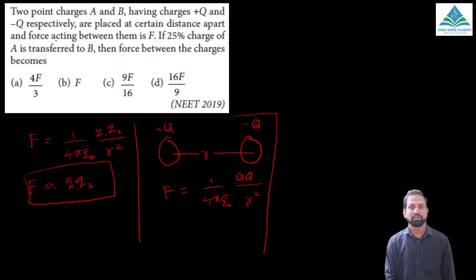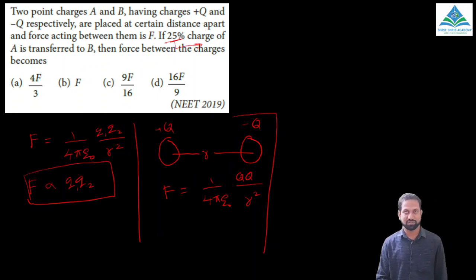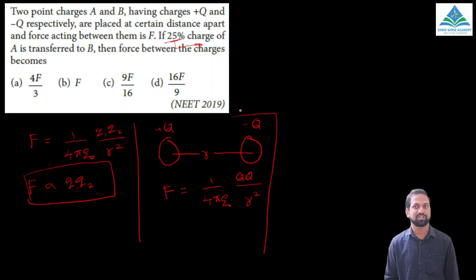Now what they are doing in the problem, just 25% of the charge has been given to the other charge. Say from plus q, 25% has been removed. If you remove 25%, then how much percentage does it remain? 75%. In fractions it is 3/4.